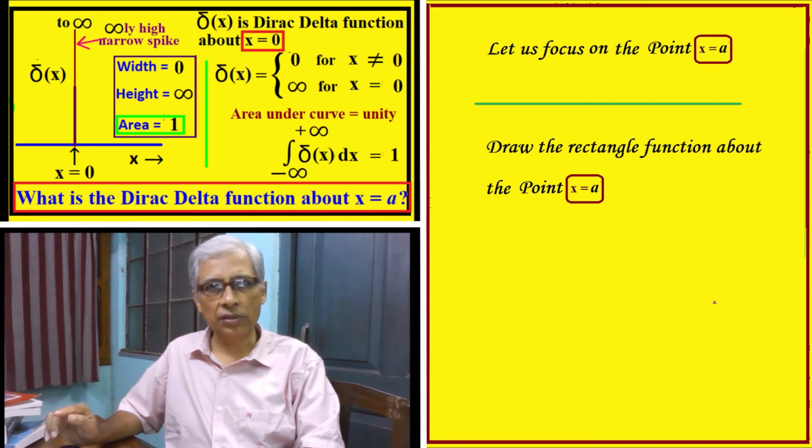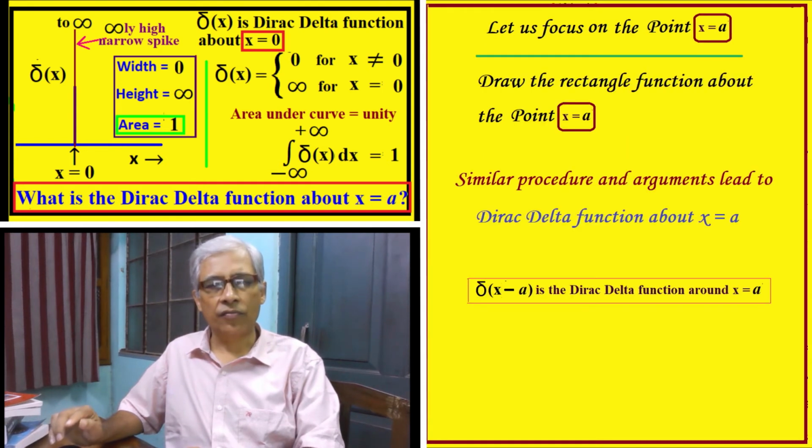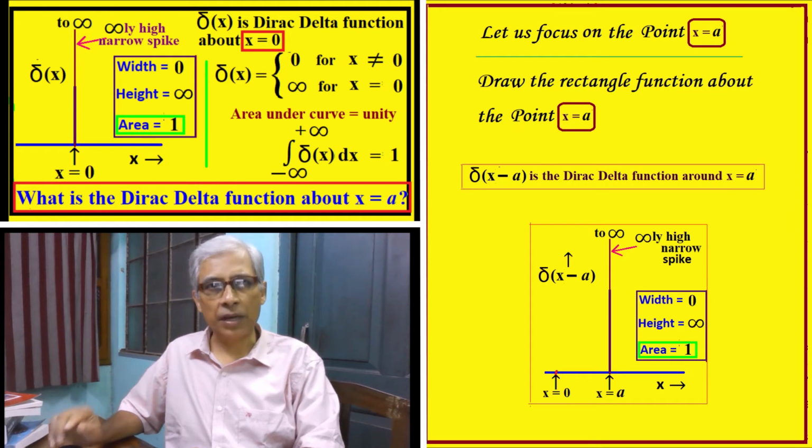Previously it was drawn around x equal to 0. And then, following similar procedure and arguments, we come at the Dirac delta function about x equal to a, which will be an infinite spike erected or constructed at x equal to a, and this is shown.